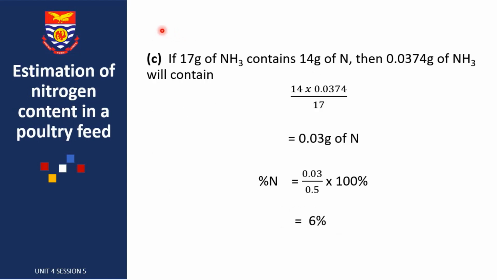But the last question is to find the percentage by mass of nitrogen in the feed. And before we can do that, we first have to find the mass of nitrogen in the feed. In doing that, the molar mass of ammonia would be of great help to us.